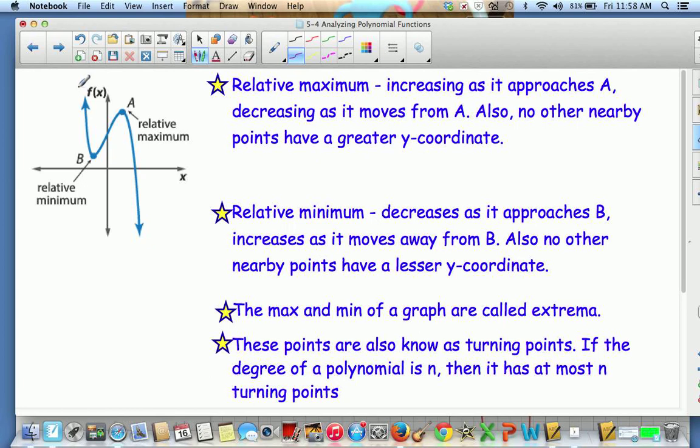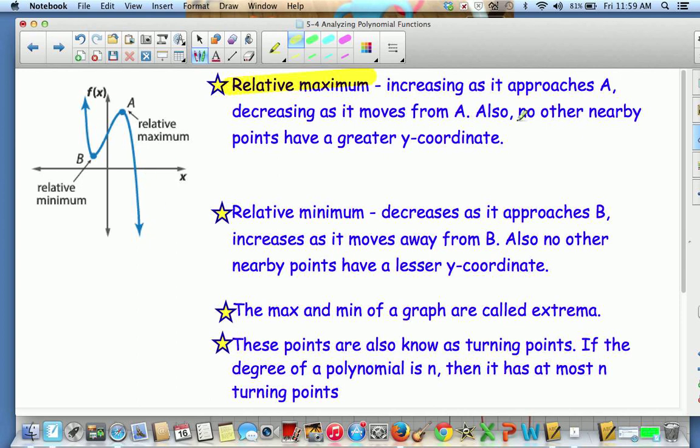Okay, the other part is we're talking about relative maximum and minimum. So pause the video, write these notes down, or read through them. The relative maximum is increasing as it approaches A, so it's increasing left to right and decreasing after it moves away from A, left to right.